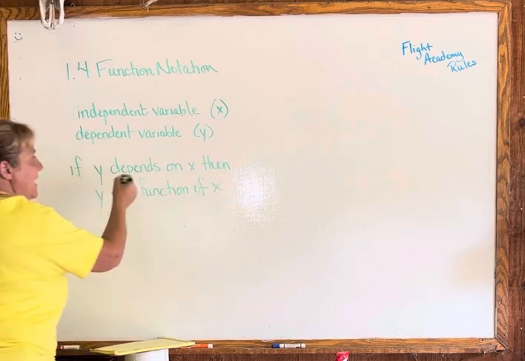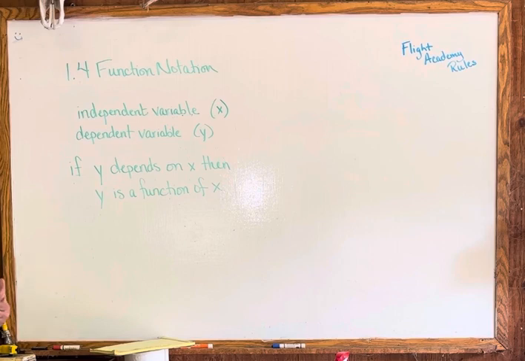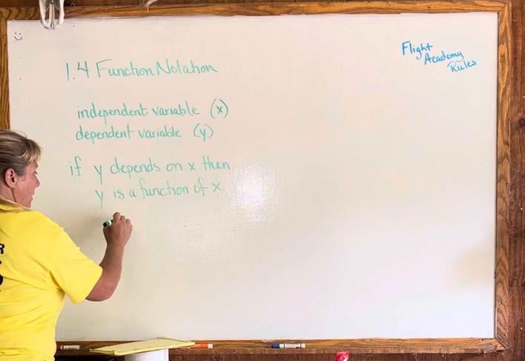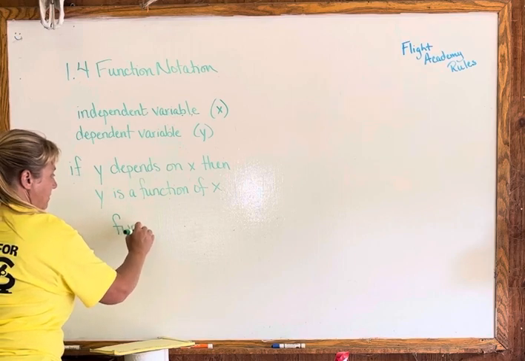So that dependency and function go hand in hand. So y depends on x means y is a function of x. And when that's the case, we use what we call function notation.